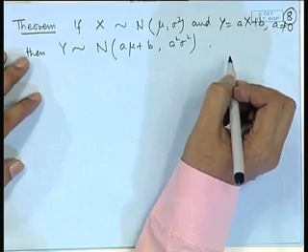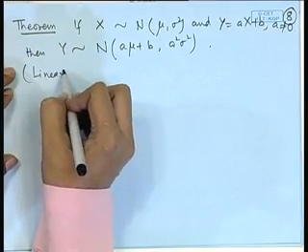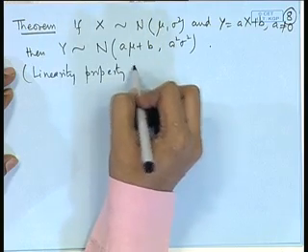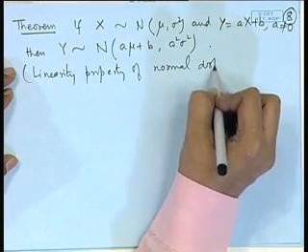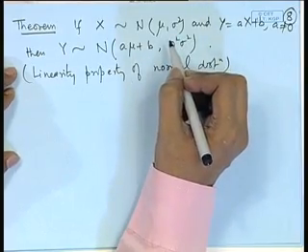This is called the linearity property of the normal distribution. That means any linear function of a normal random variable is again normally distributed.